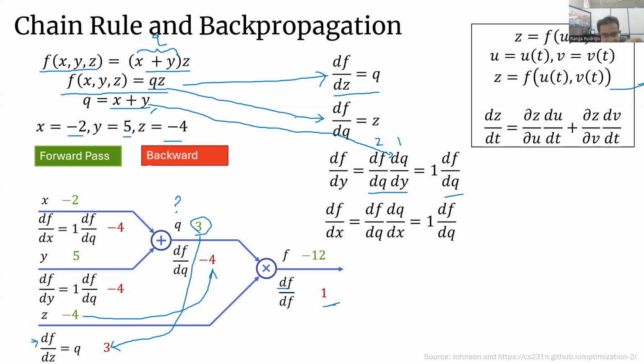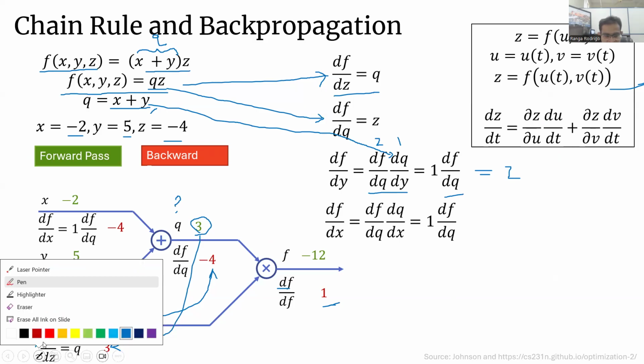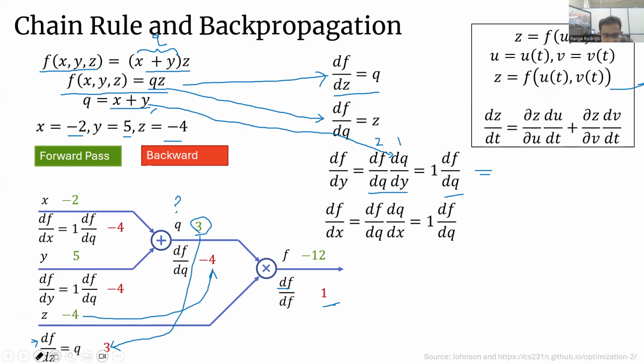So it is equal to z. df by dq we have computed as -4. Let me write that down. -4. So df by dy is minus 4.